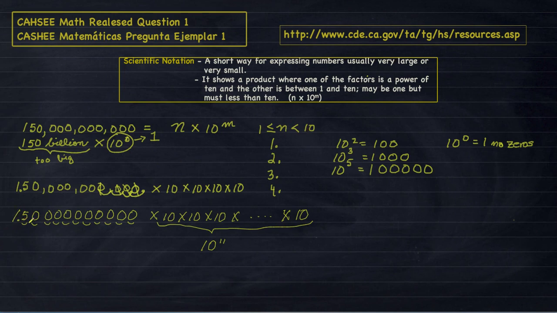But 1.5 is. And I will drop the zeros since they become insignificant zeros. So then my number would end up being 1.5 times 10 to the 11th power, and that is scientific notation. Okay, so we have to choose the answer that corresponds to this.